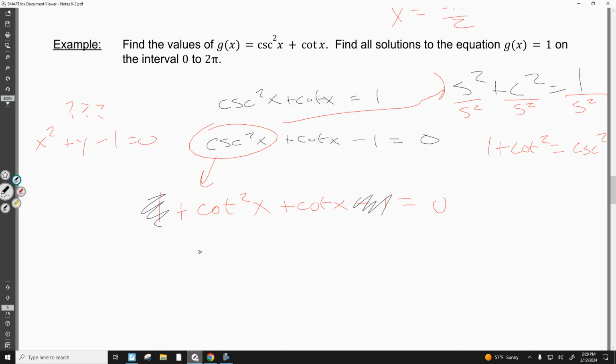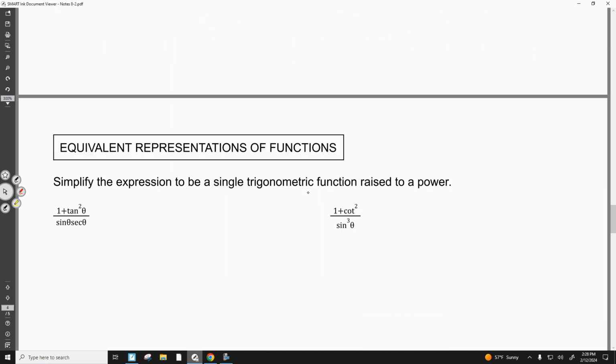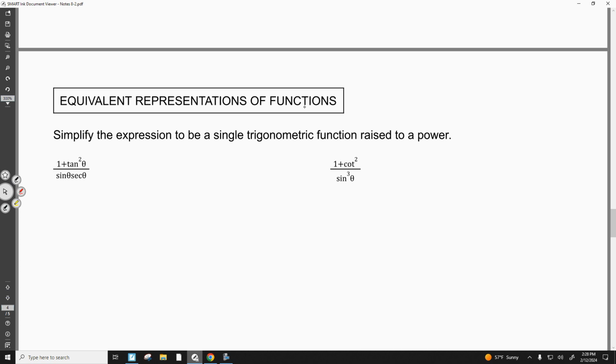Now, here's how you're going to be asked to practice this newfound knowledge. Besides solving these equations, you have the next page.